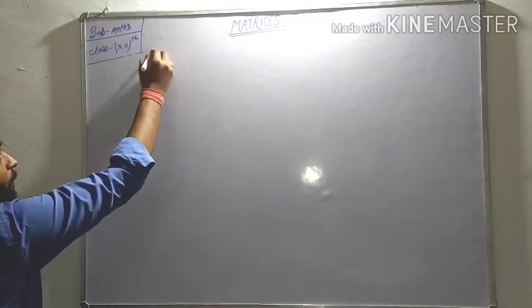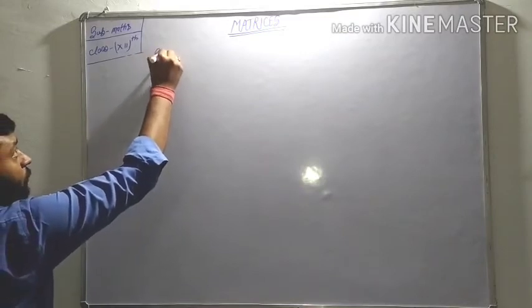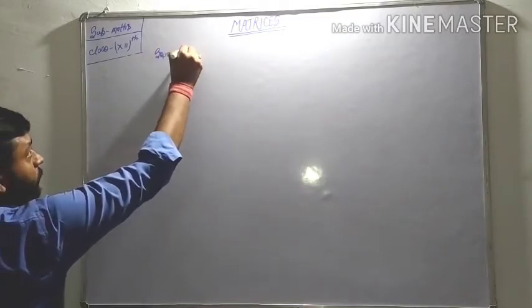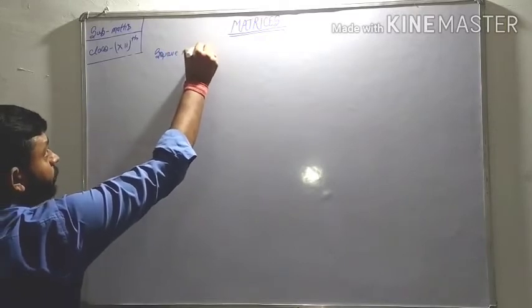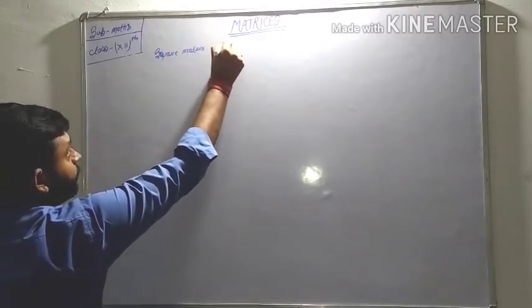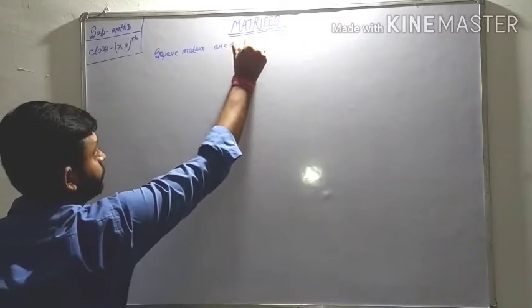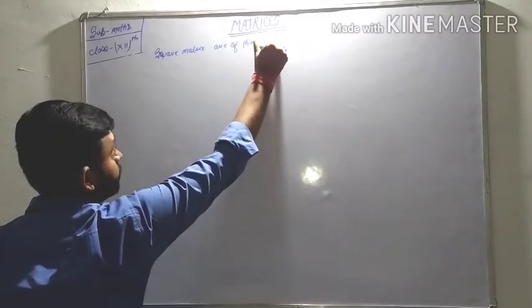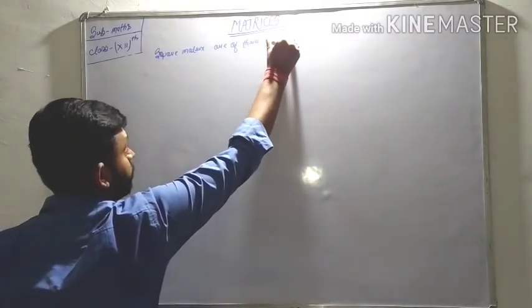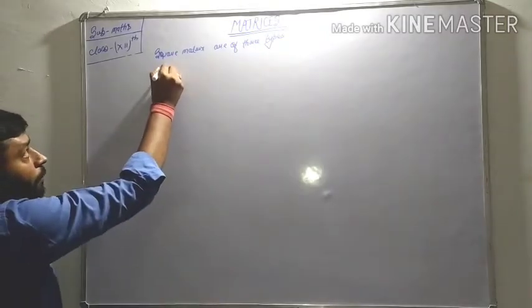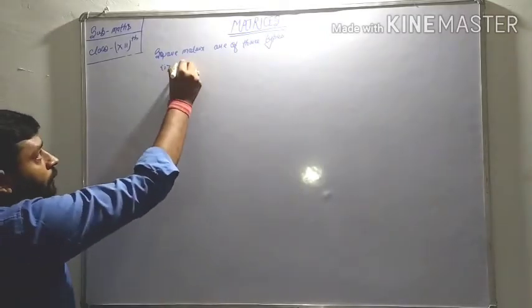Now, square matrices are of 3 types. Number 1, diagonal matrix.